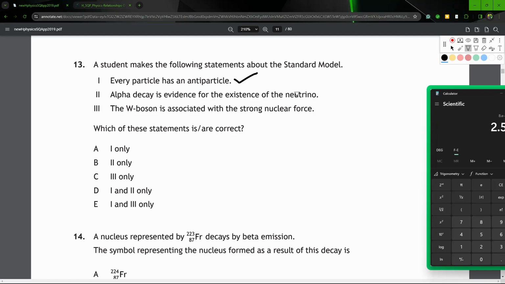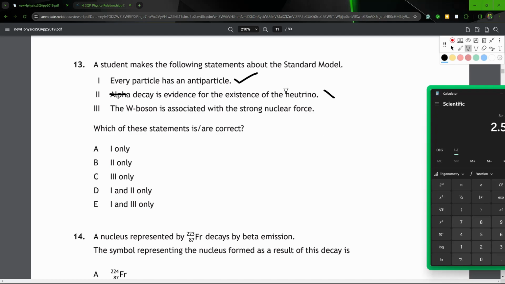Alpha decay is evidence for the existence of the neutrino. Well, no, it's not. You're getting it confused: beta decay is evidence for the existence of a neutrino, because that's where the neutron decays into an electron and a proton and a neutrino. So we can count that out.